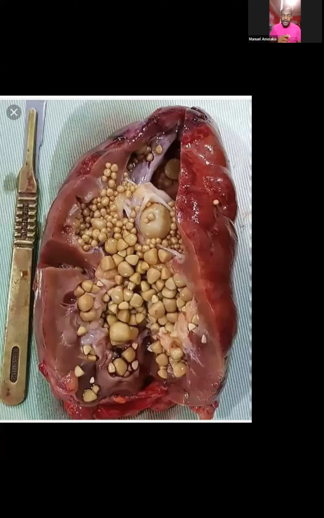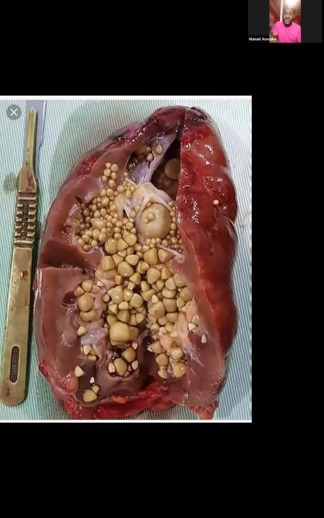Just look at this amount of stones. What amount of drugs can dissolve or melt these stones? Please, can we all see the picture I've projected? Yes. So if you have these stones in your kidneys, which are byproducts of dairy product, of red meat, of energy drinks and coffee, what amount of drugs can dissolve or melt them?